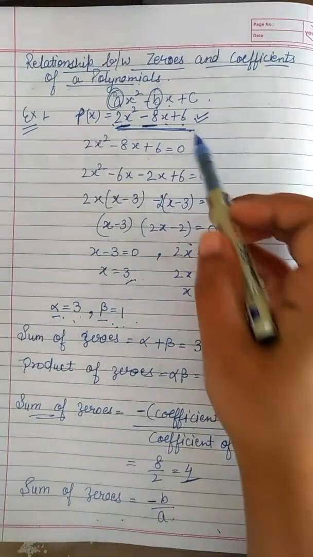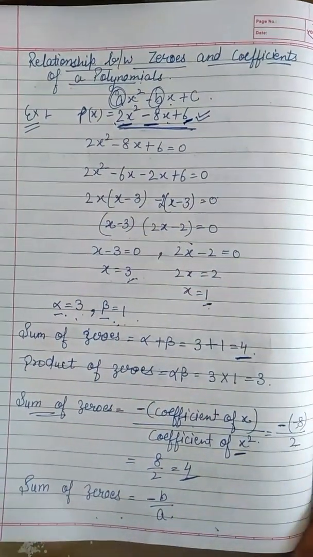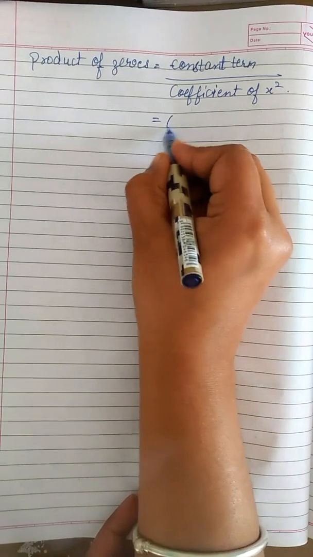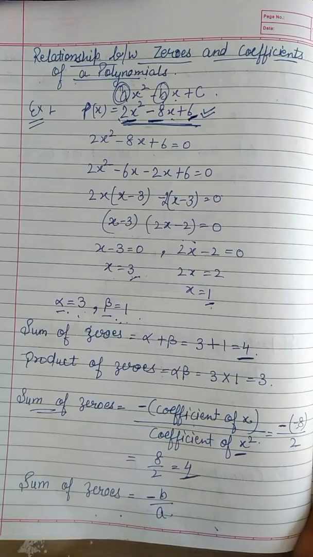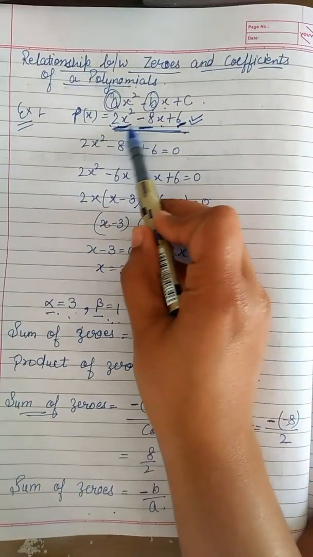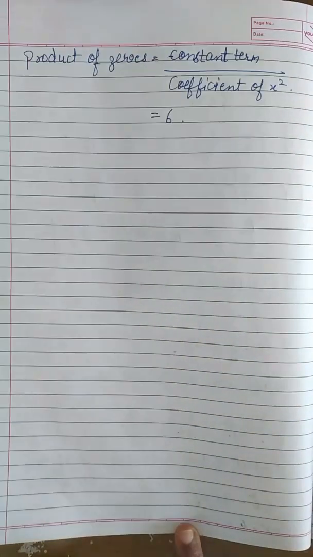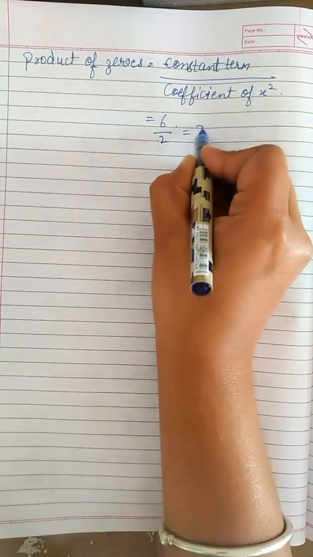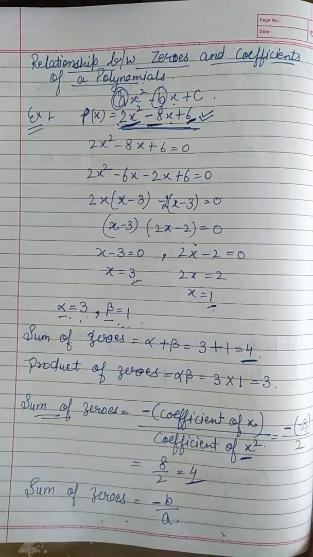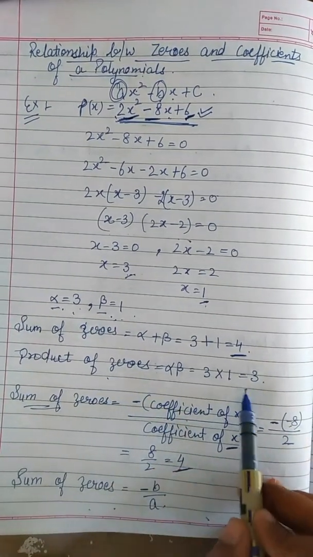As you see, the constant term is 6 and coefficient of x square is 2. So answer is 3.